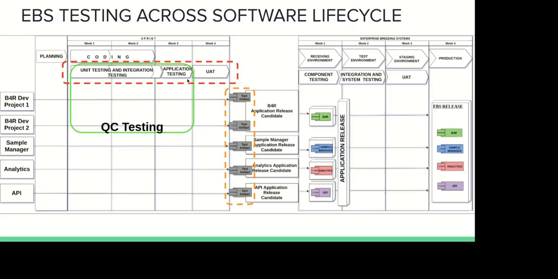And then next is the application testing. In the case of B4R, for example, nursery creation and the list management tool will be part of the integration testing. And for the application testing, it's the whole B4R.